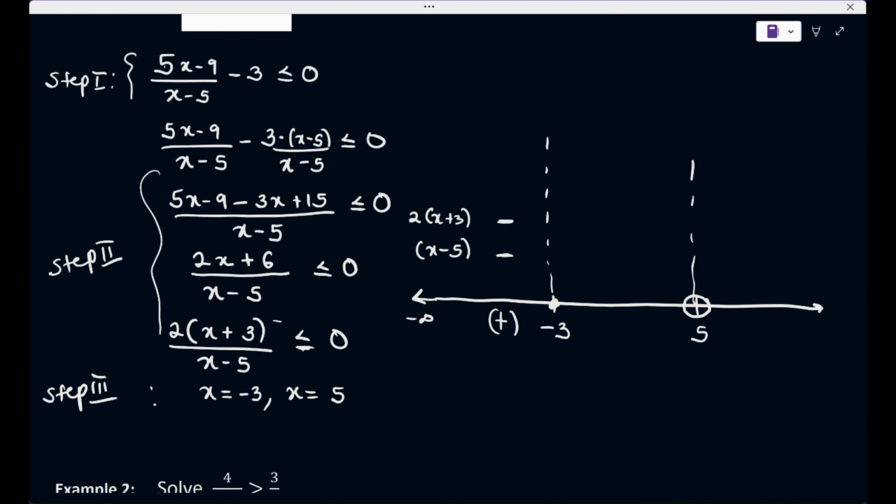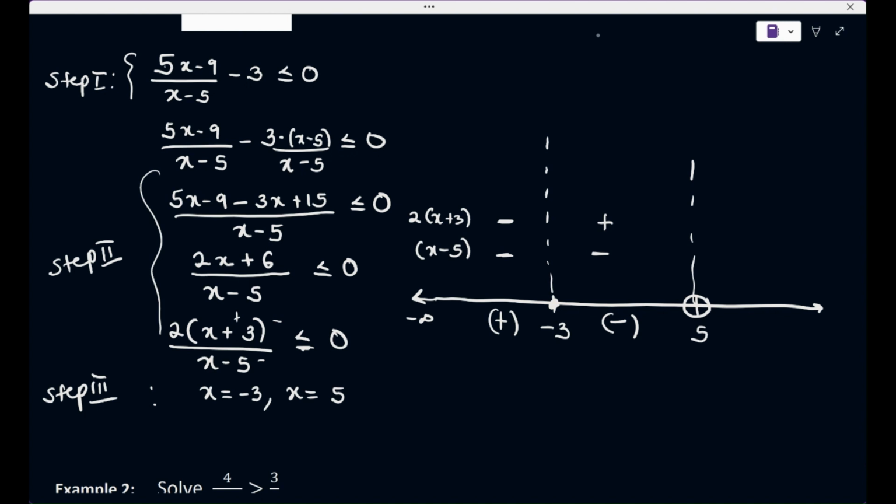Between minus 3 and 5, we can use 0. If we take 0 and substitute here, x plus 3 will be positive. x minus 5 will be negative. So you have a positive in the numerator and a negative in the denominator, so we will have negative.